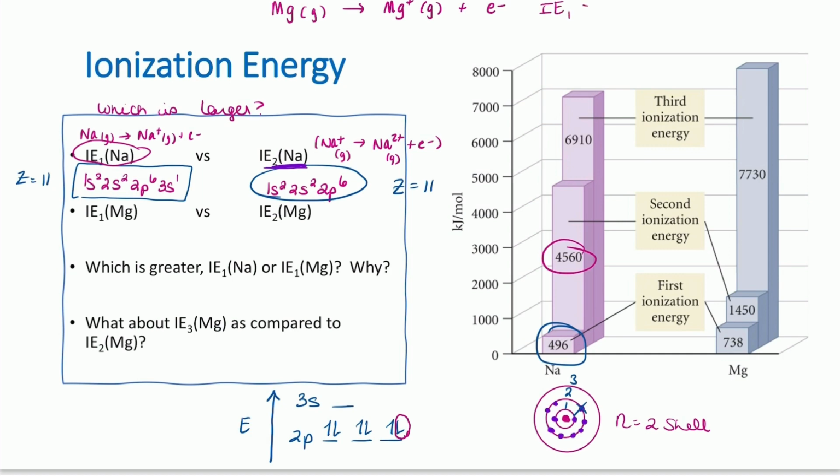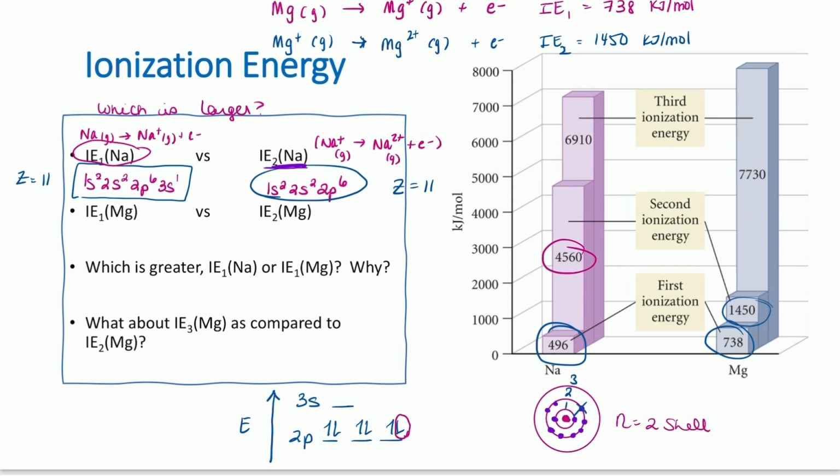The ionization energy here is 738 kilojoules per mole. The second ionization energy: Mg+ gas going to Mg2+ gas plus an electron. The energy is 1450 kilojoules per mole.